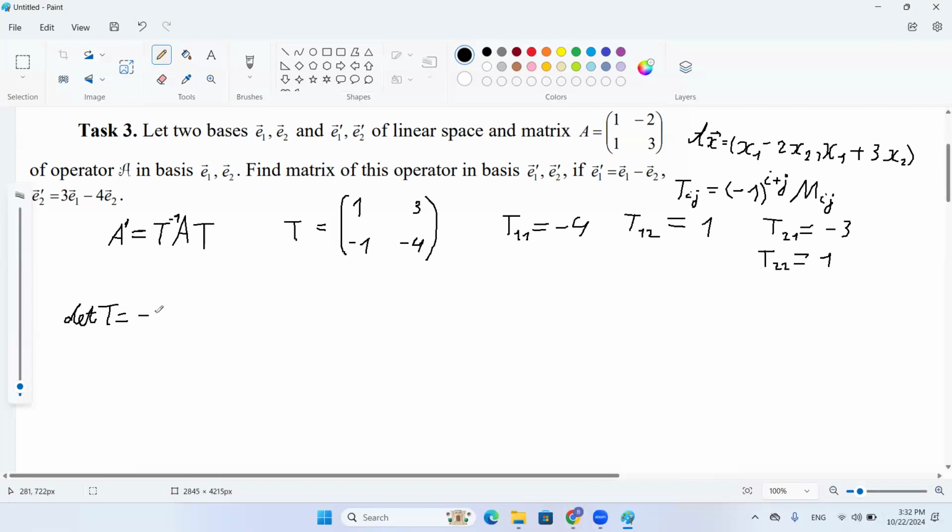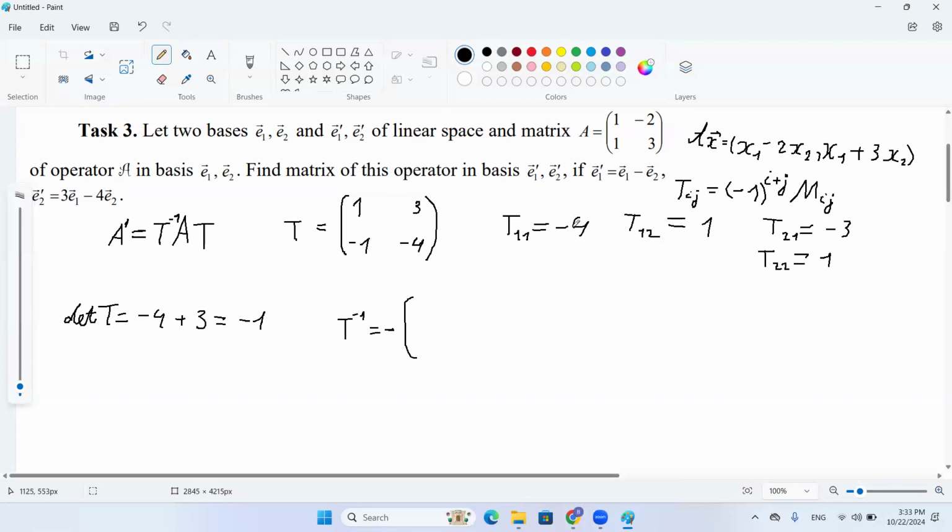So -4 plus 3, so the determinant of T is -1. No fractions. I like such matrices. Okay, so T inverse equals, don't forget that we are transposing, so -4. And we don't lose -1 before the matrix, by the way.